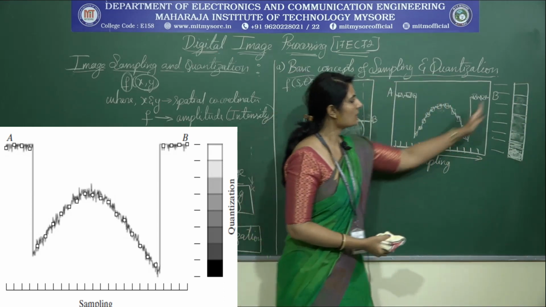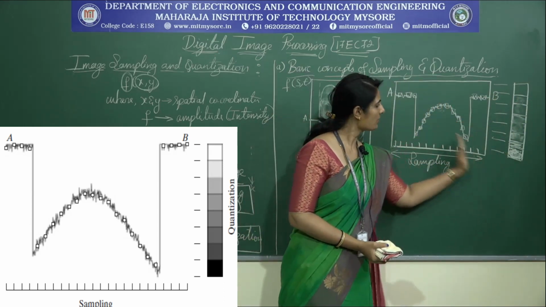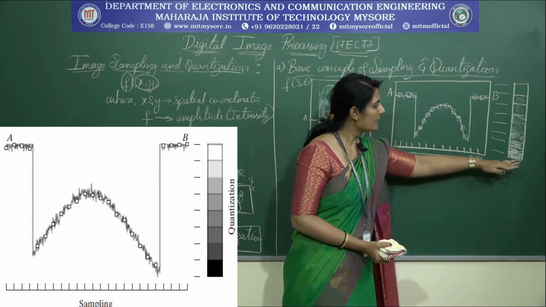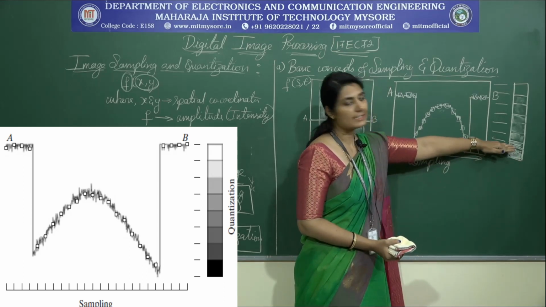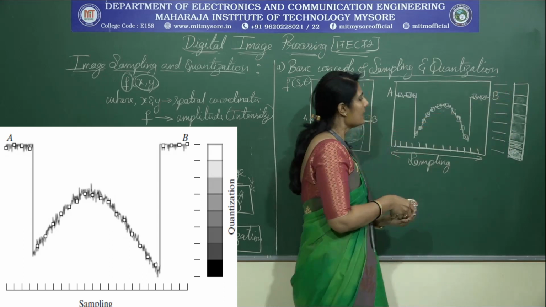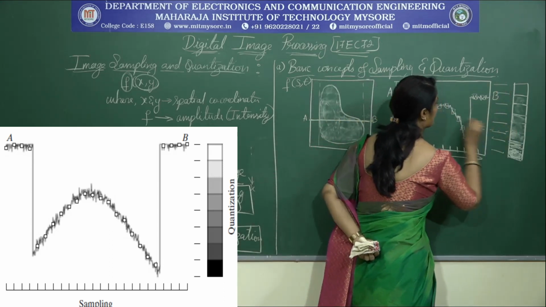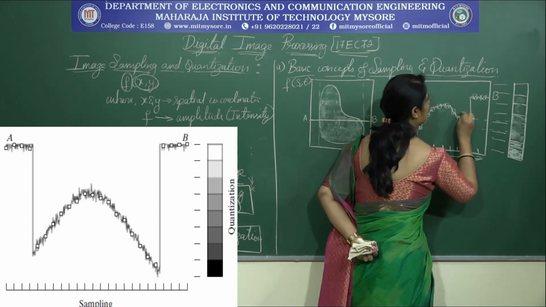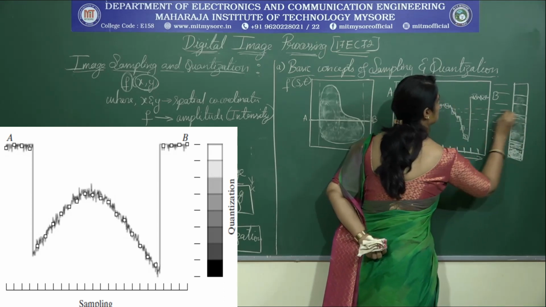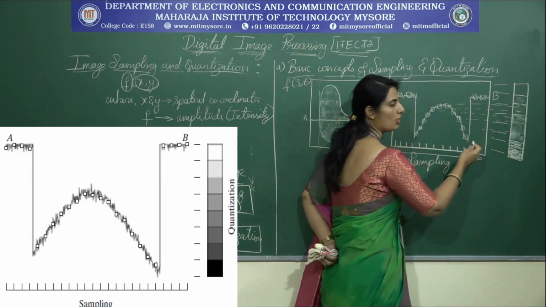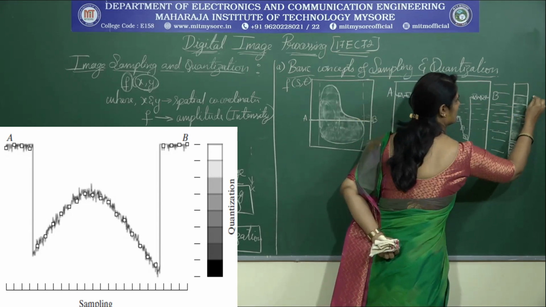Now look at the intensity scale on the right side of this figure. Here there are 8 discrete intensity levels. Here each sample is assigned the corresponding intensity value, which I call quantization.